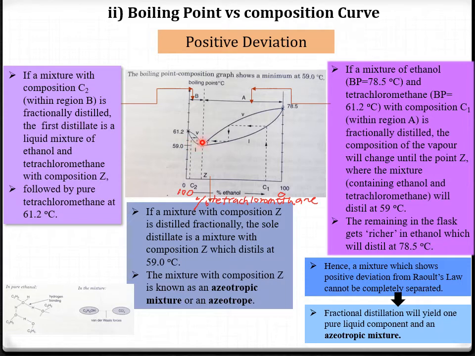The remainder in the flask gets richer in ethanol, which distills at 78.5 degrees Celsius.